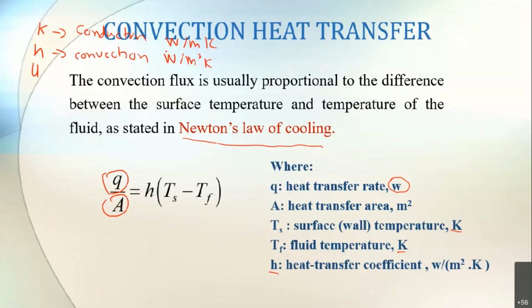So you have a difference between the unit of k and the unit of h. You must be able to remember them, because after this we're going to be combining both h and k into one equation. So it is very important that you can differentiate the value of k and the value of h, and the definition of k and the definition of h. This is the equation that we'll be using for now.